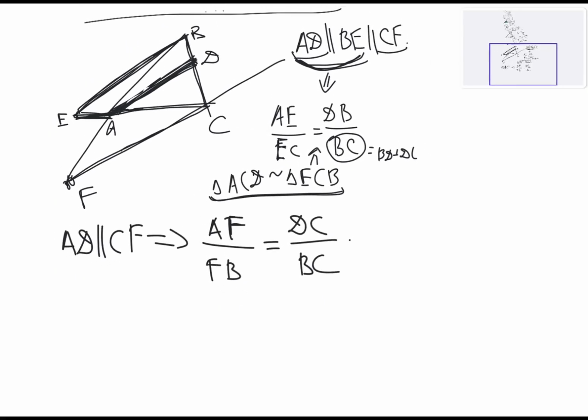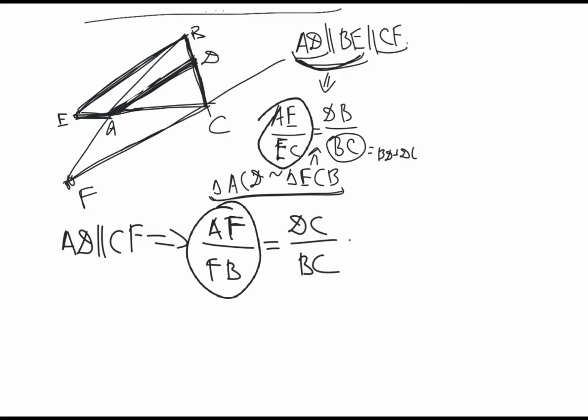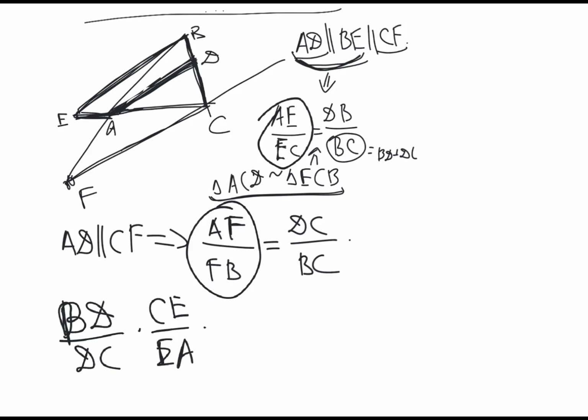So basically we expressed both of these ratios, this and this, in terms of the ratio on the side BC. So the product of the three ratios that we need is BD over DC multiplied by CE over EA multiplied by AF over FB.